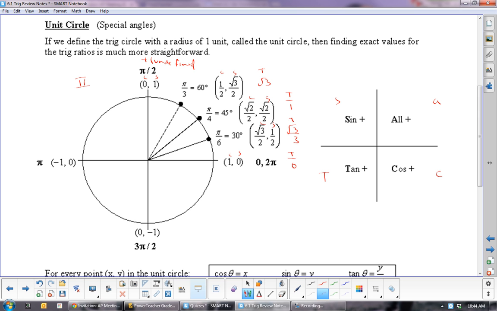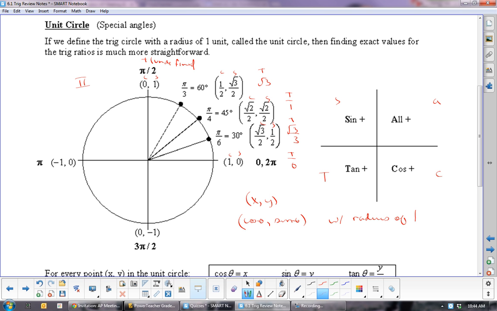And just again to reiterate, it's always x comma y, which is cos theta, sine theta. And that's with a radius of 1.